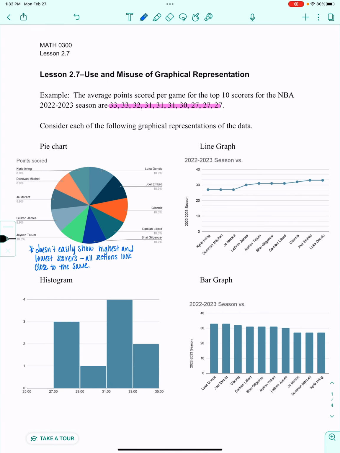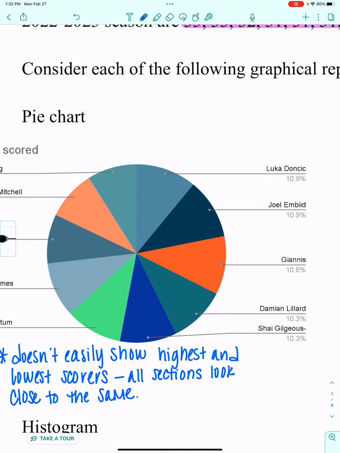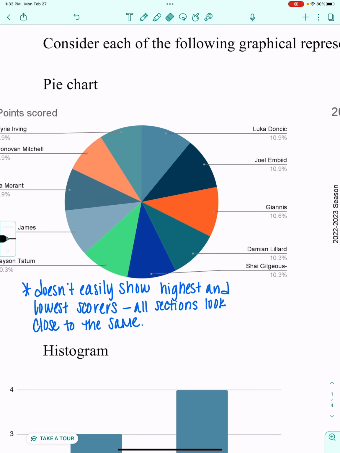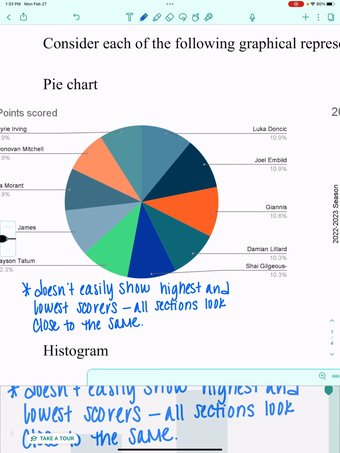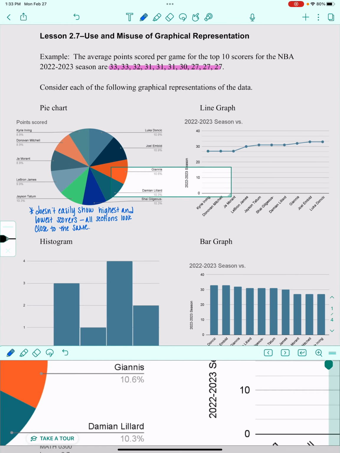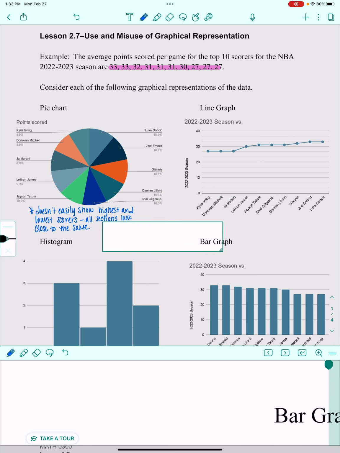Generally, if we're going to use a pie chart, we want one section to be obviously larger than the others, and that's just not something we see here. The other thing that I notice with this pie chart is that it doesn't show the actual points they scored.